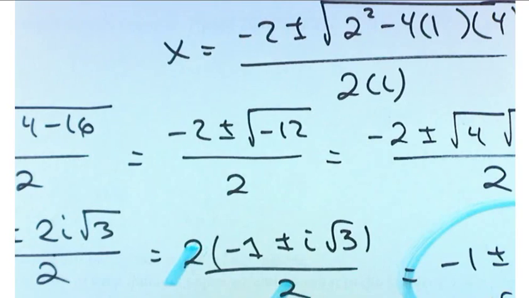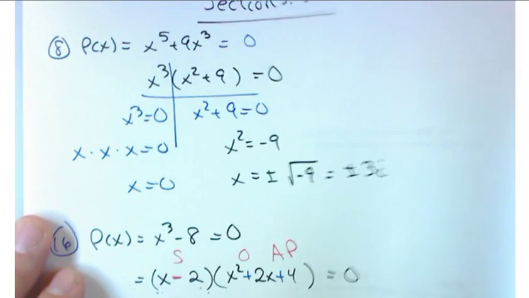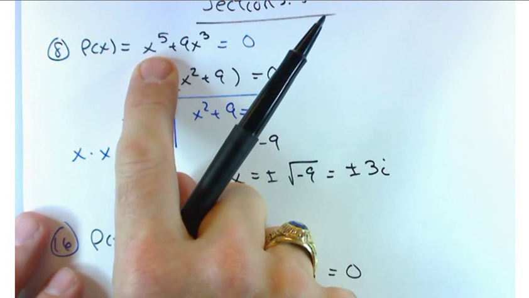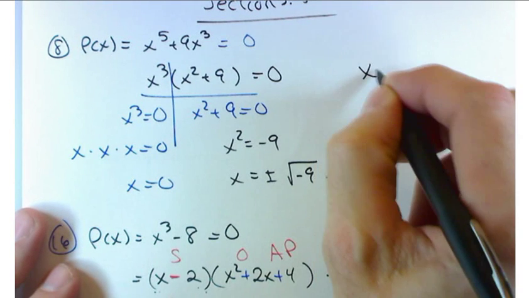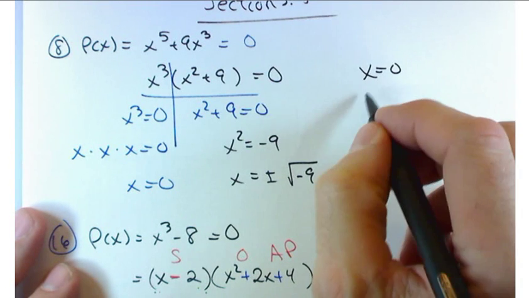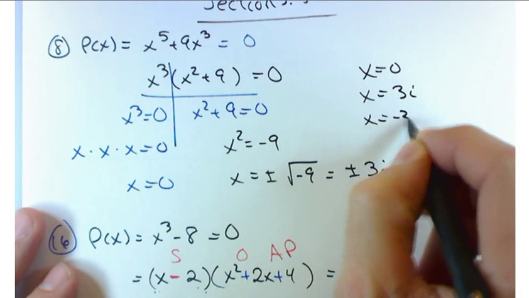Let's look back at our previous two examples, problems number 8 and 16. In problem number 8, we had a degree 5 polynomial. We found two roots, right? X equals 0, actually 3 roots, plus 3i and negative 3i.